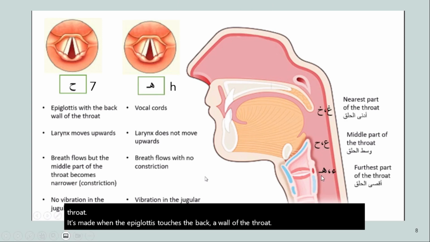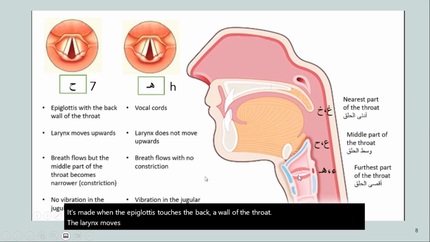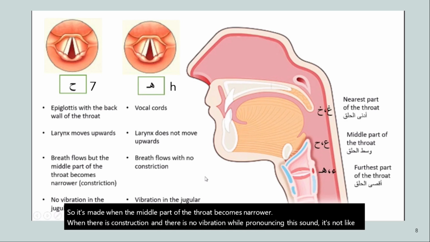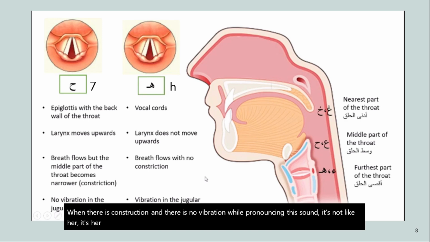The larynx moves upward, okay, and the breath flows, okay? So it's made when the middle part of the throat becomes narrower, when there is constriction, and there is no vibration while pronouncing this sound. It's not like ha, it's ha, okay?